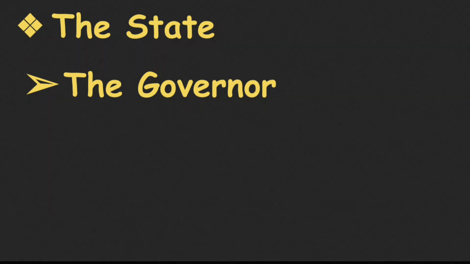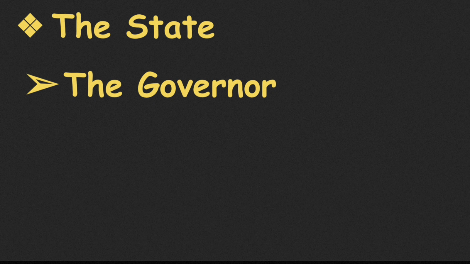Article number 154, clause 1, says that the executive power of the state is vested in the governor, which can be exercised by him either directly or through officers subordinate to him, meaning the civil servants. The governor is appointed for a term of 5 years from the date on which he enters upon his office.